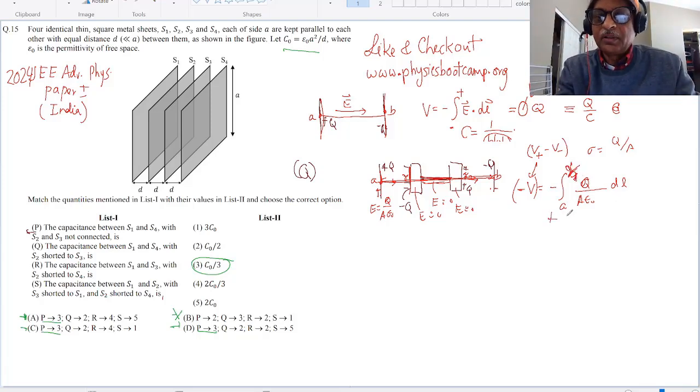Then you're going to get all zeros in between, minus, and R2 to B, Q over A epsilon naught dl. So both of them are equal. So this time I'm going to get C is C0 over 2.